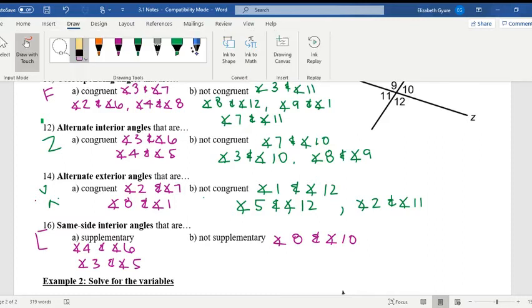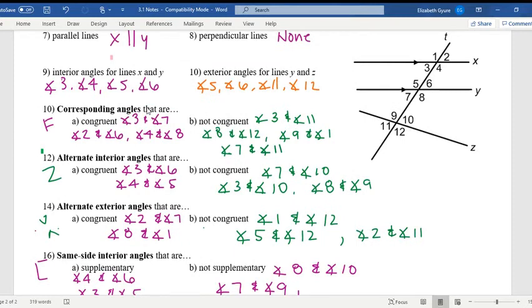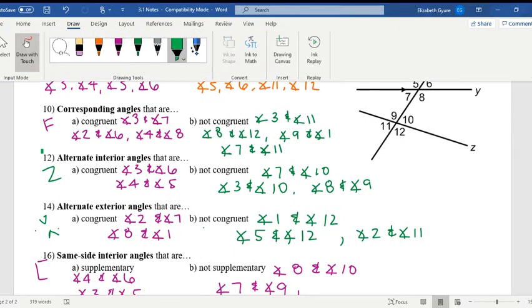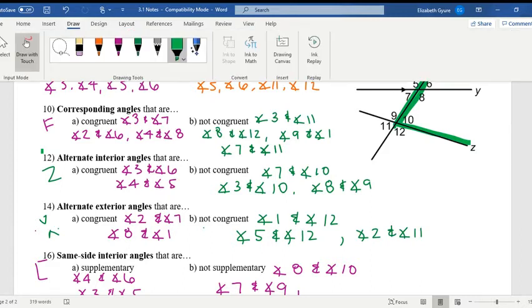Thank you, Anna. 7 and 9 would also work. Yes. 10 and 4 would work, yes. They absolutely would. Those ones just go with lines X and Z. But yeah, you'd still have your C shape. Good. That would definitely work.